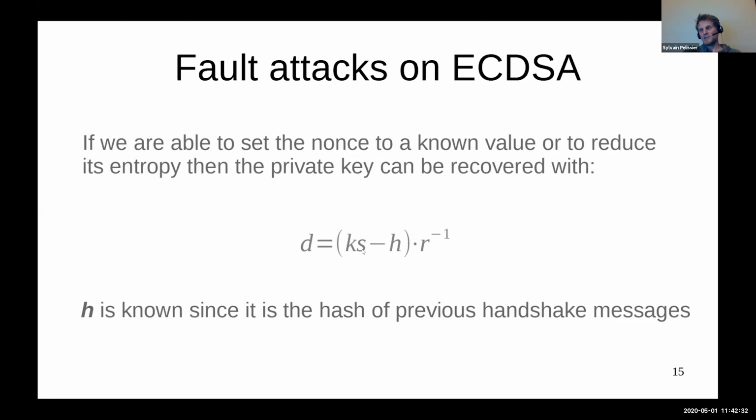We know S, the second part of the signature, which is in clear on the network. We know h, the hash of all the previous handshake messages exchanged during the TLS handshake. And we know R, the first part of the signature. So that's the idea of a fault attack.